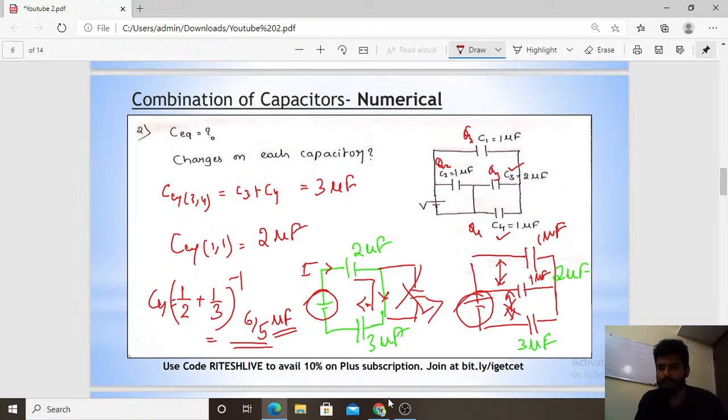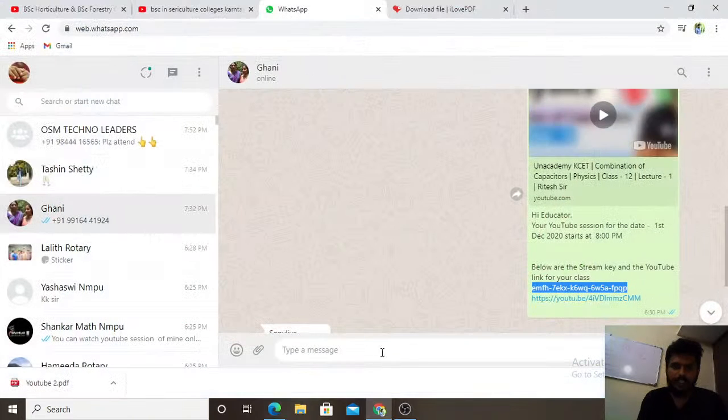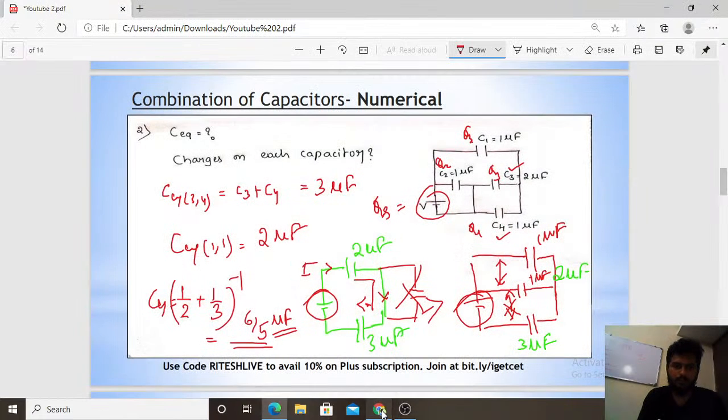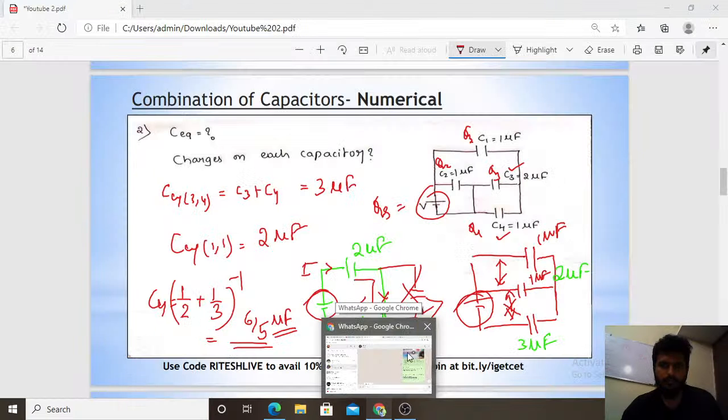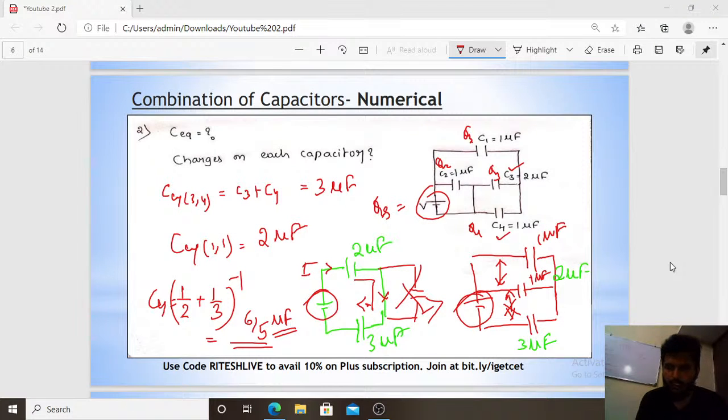How much? So anyone? First you need to find what the net Q value is. So how can you find the net Q value? Net Q value, how much can I get?